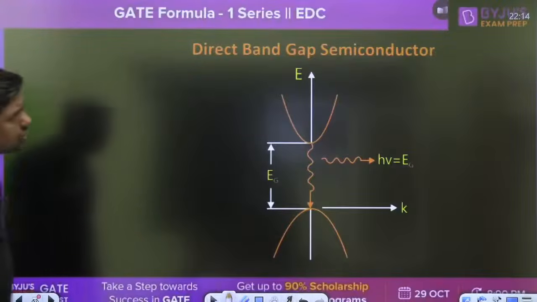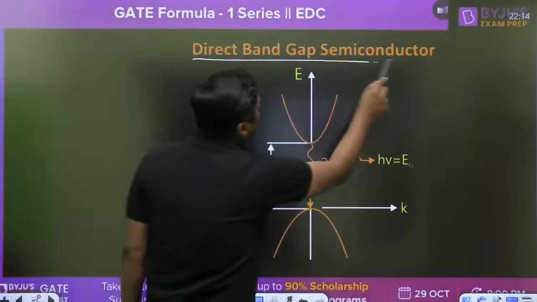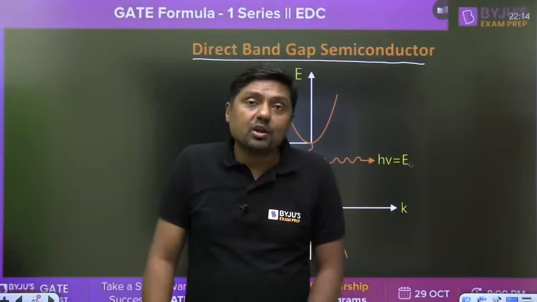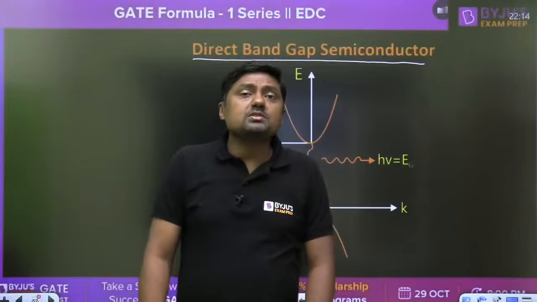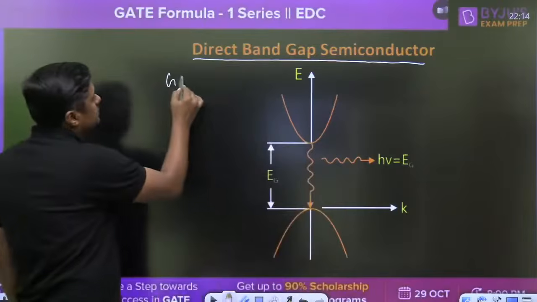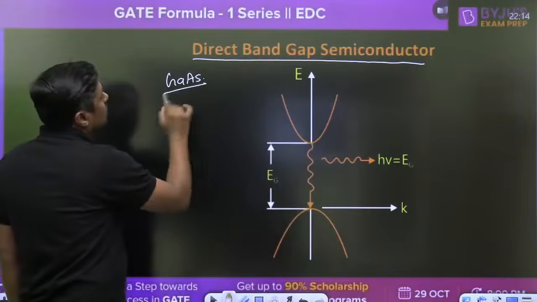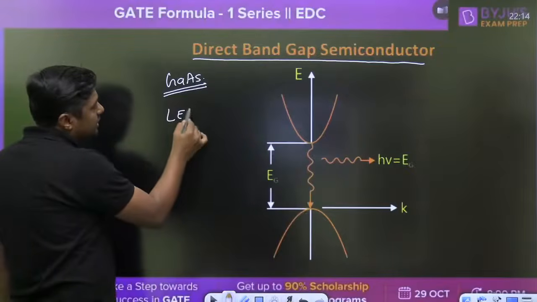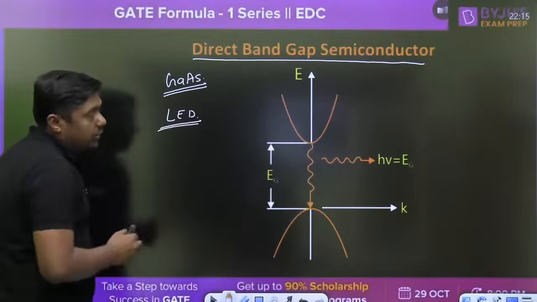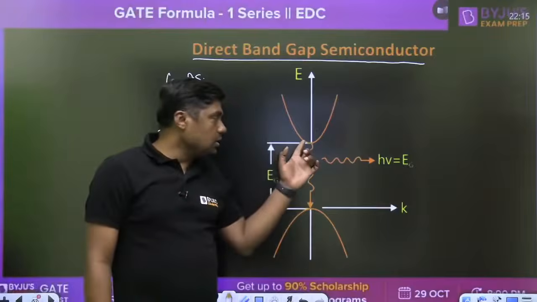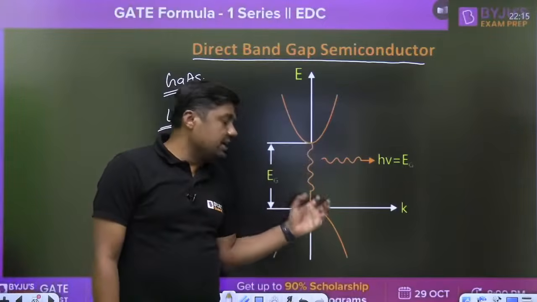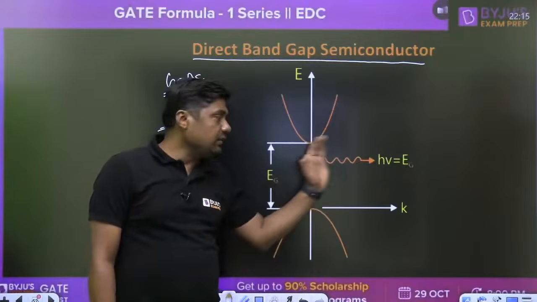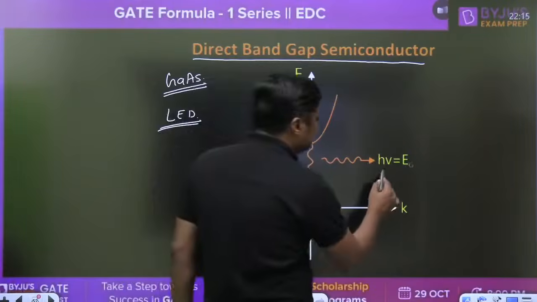Now there are two types of semiconductor. One is called direct band gap semiconductor and another one is called indirect band gap semiconductor. So direct band gap semiconductor means gallium arsenide, and we are using it for LED, light emitting diode, because when an electron jumps from conduction band to valence band, it will recombine with the hole, then it will give the energy in the form of light.